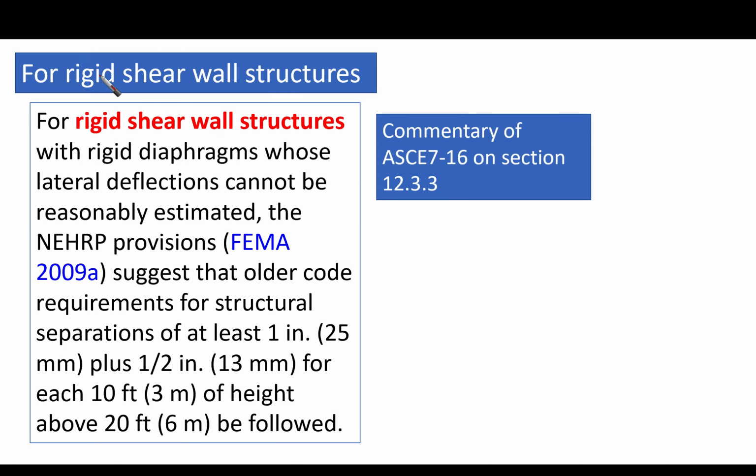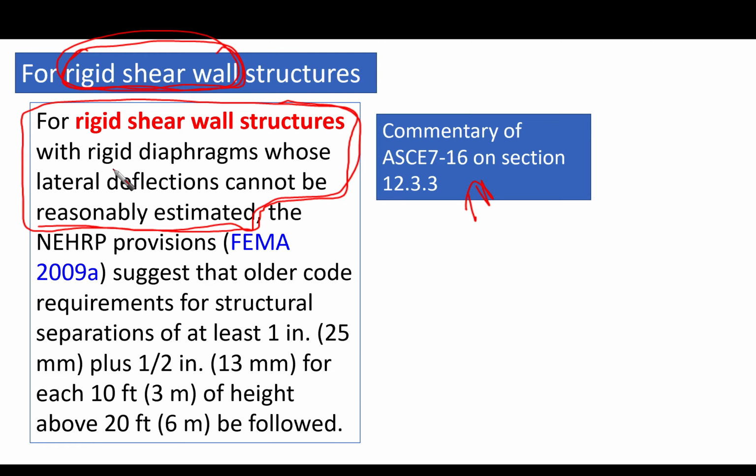There is something important related to buildings with rigid shear wall structures. The commentary says that for rigid shear wall structures with rigid diaphragms, those lateral deflections cannot be reasonably estimated. That's important. So the code is confessing here that the deflection method that we use to get the maximum displacement for rigid shear wall structures is not reasonably estimated.